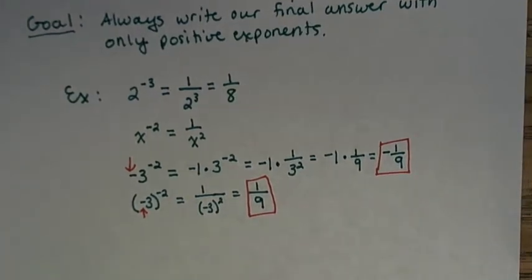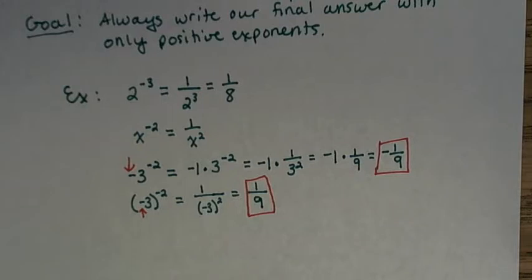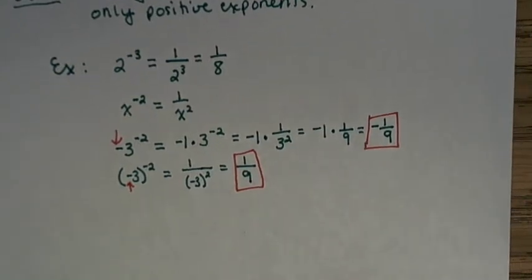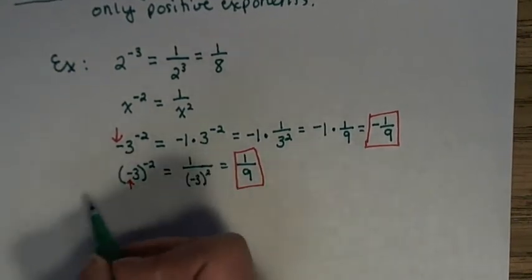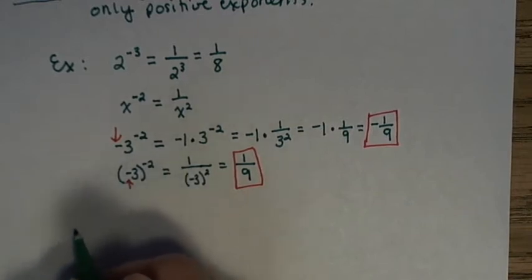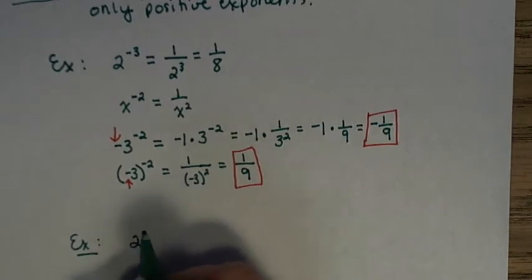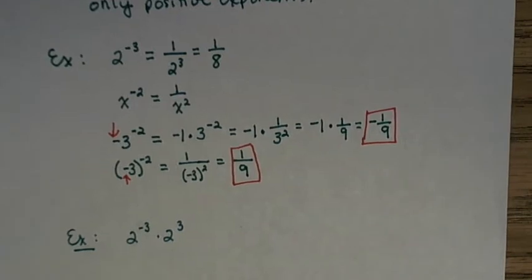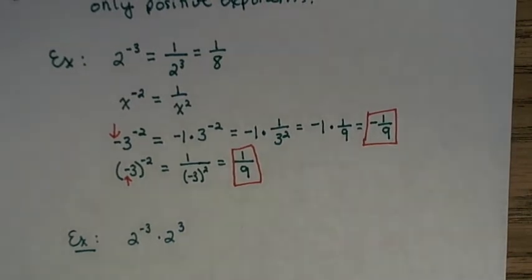Okay, now another way that we can view x to the negative n is as a reciprocal. So if we look at a problem, for example, like 2 to the negative third times 2 cubed, there are a couple of different ways that I can view this problem.